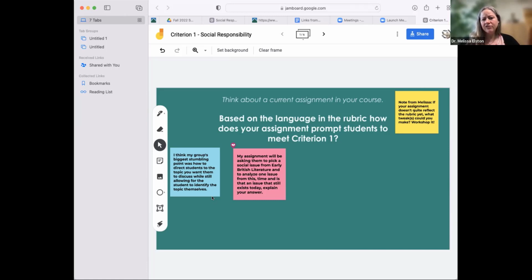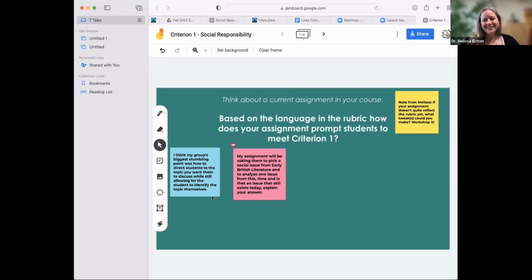But laying out some parameters, like the type of issue you want them to look at, the time period, if this is a historically bounded class, I think that's reasonable. Laying out certain contexts like that is fine. Does that help people feel a little bit better?